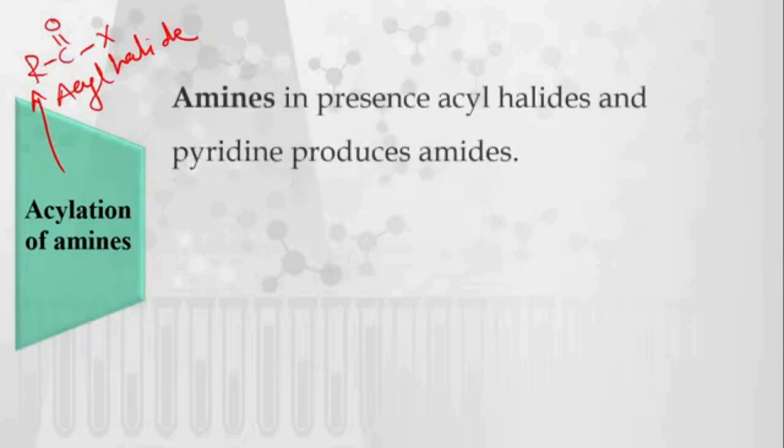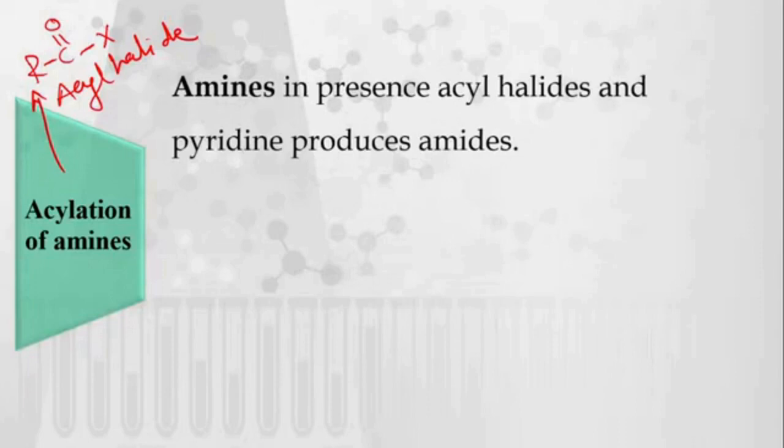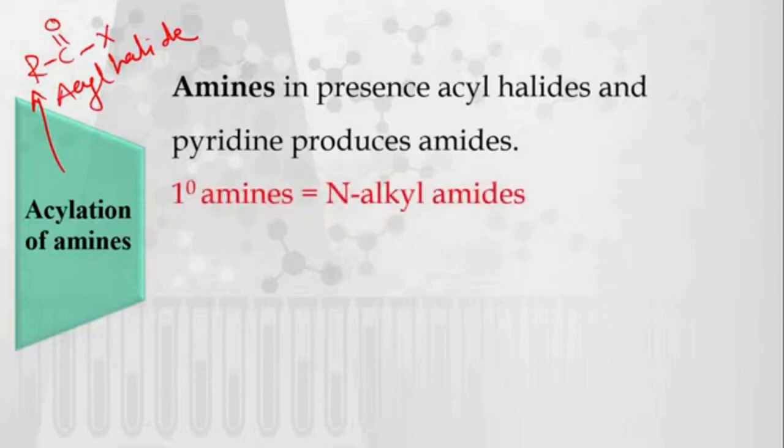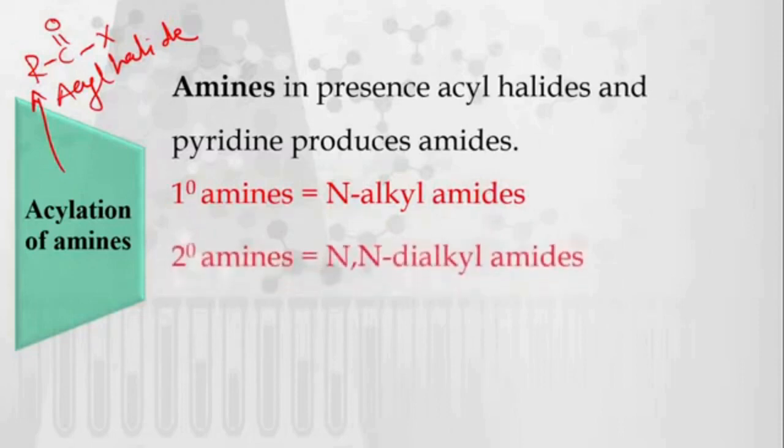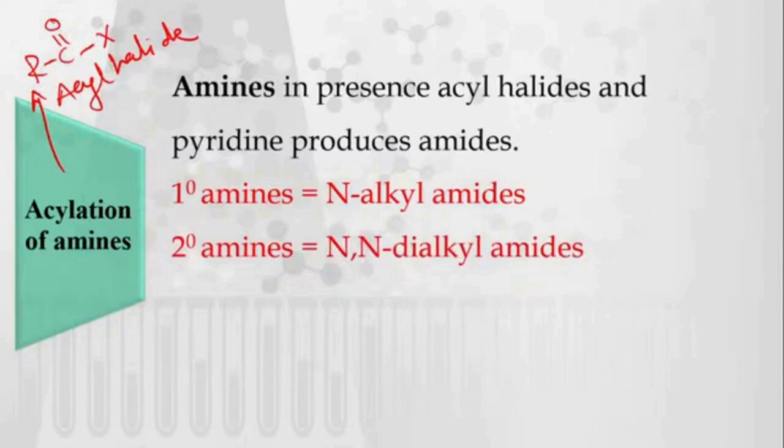The statement of this reaction is: amines in presence of acyl halide and pyridine produce amides. Here, if you see the reaction, primary amines give N-alkyl amides, secondary amines give N,N-dialkyl amides, and tertiary amines, because of absence of hydrogen atom, give no reaction.